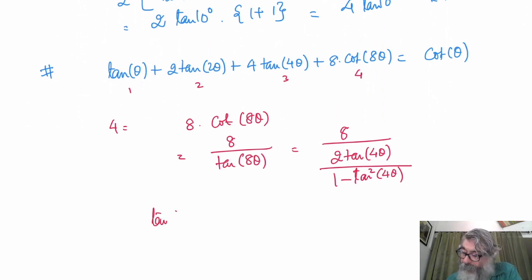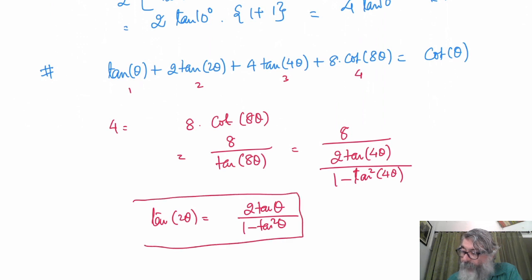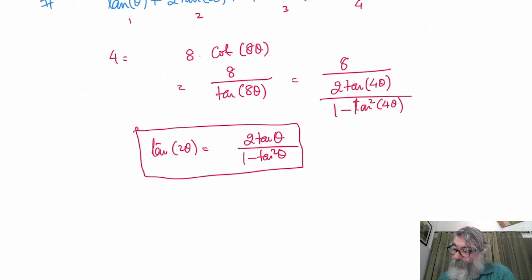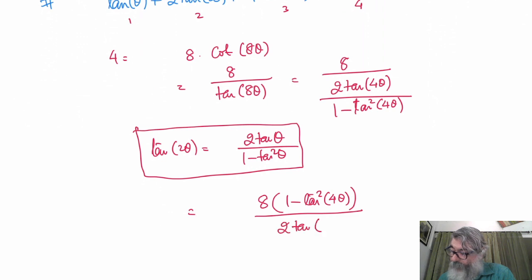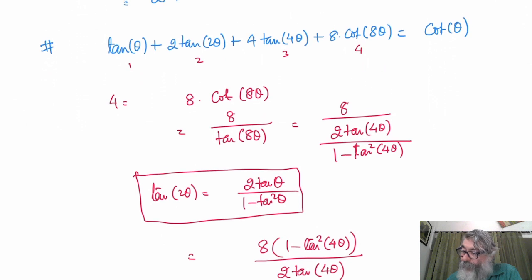Tan 2 theta is 2 tan theta upon 1 minus tan square theta. So if it is tan 8 theta, when we convert this, it will become half of that. This is the formula we are using. So it will become 8 into 1 minus tan square 4 theta upon 2 tan 4 theta. This is the fourth step.